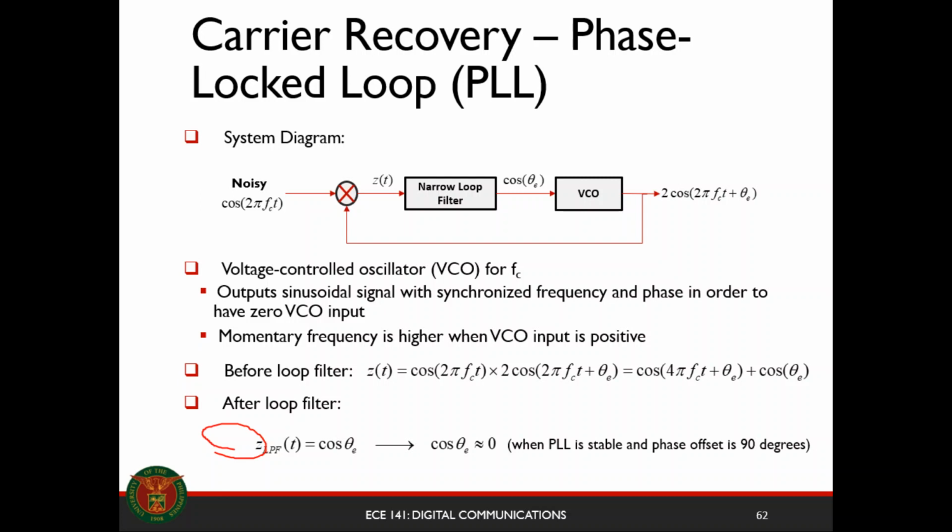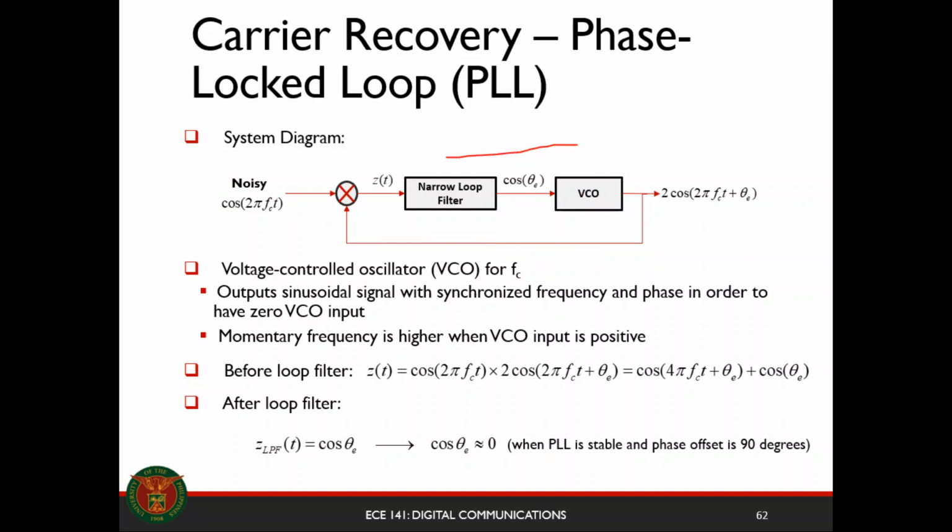So the phase locked loop is a control system for a noisy carrier right here. There's going to be a loop filter that gets the cosine of the phase error. The cosine of the phase error will be injected into a voltage-controlled oscillator, which will then be fed back to your noisy carrier right here.